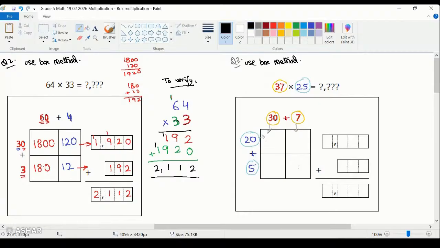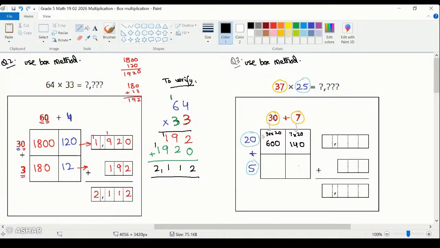This would be 30 multiplied by 20. 3 times 2 is 6, and we have 2 zeros, right? The next one, 7 multiplied by 20. That means each number would be multiplied by each number. 7 times 2 is 14 and a 0.